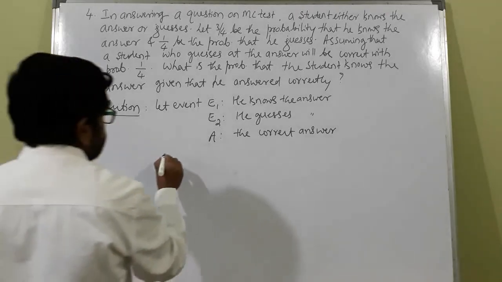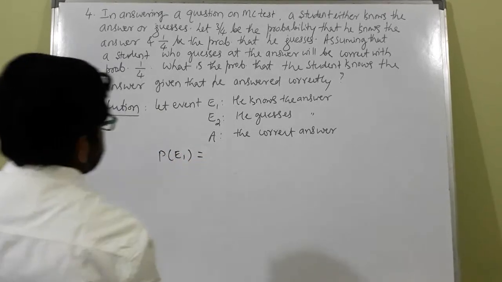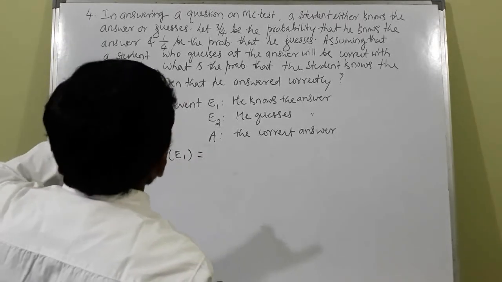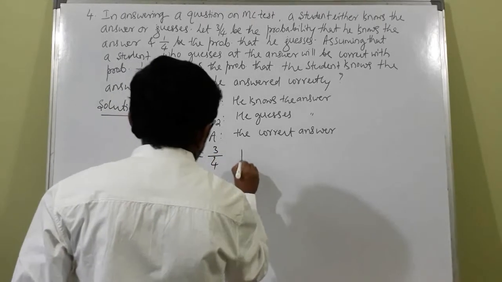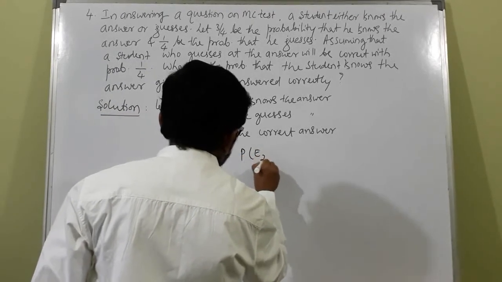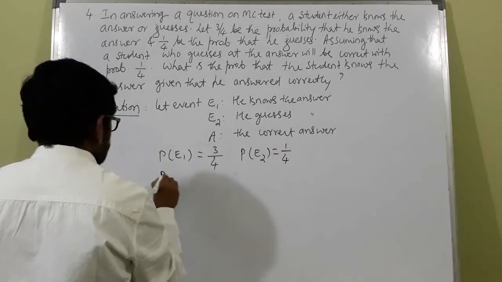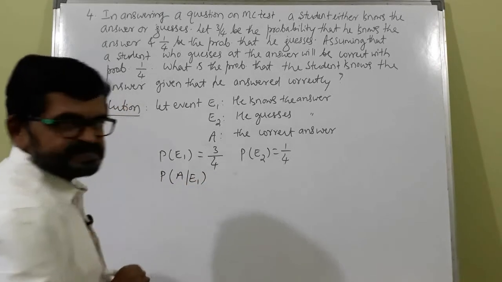Okay. Probability of E1, he knows the answer, is 3 by 4. Probability of he guesses the answer is 1 by 4. Probability of the answer is correct when he knows the answer.